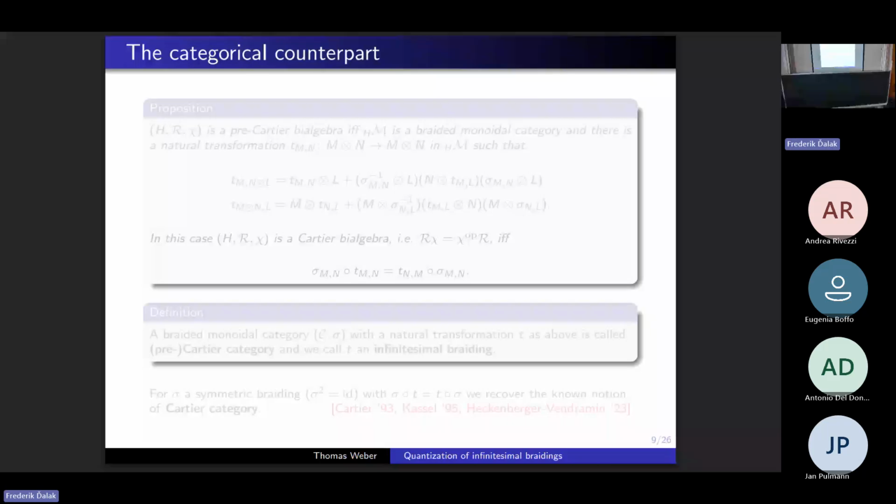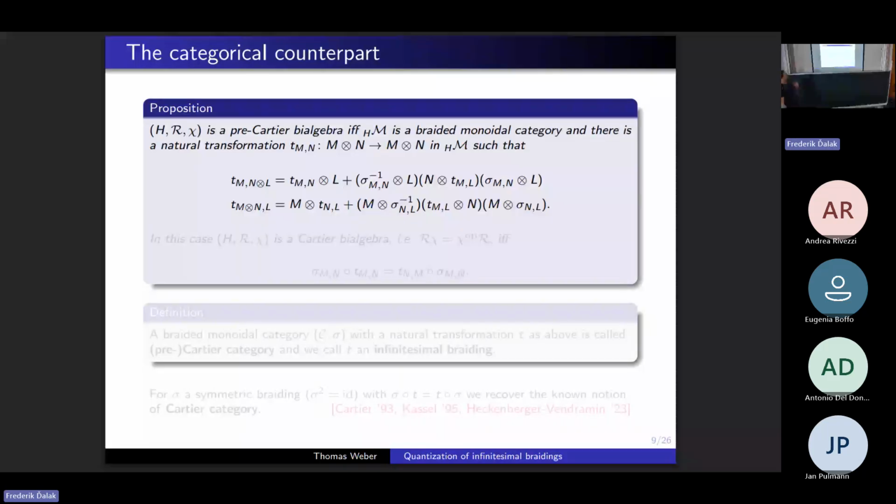So first of all, a proposition that goes back to the statement that category theory and algebra are the same stuff. If you get some definition on the level of algebra, we have a similar definition on the level of modules. And so this proposition tells you if you have such a pre-Cartier algebra, this you get if and only if your category of H modules is first of all a braided monoidal category.